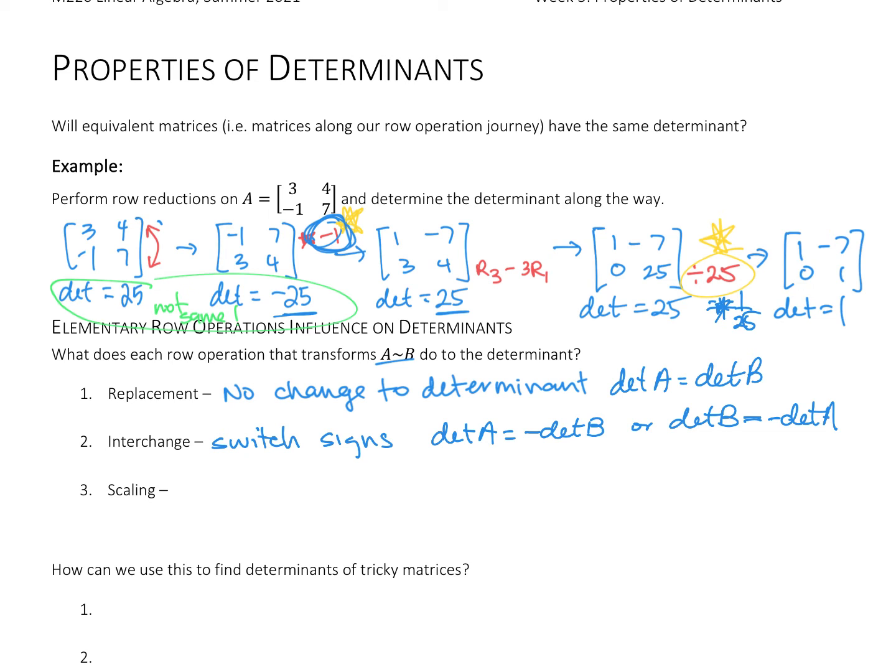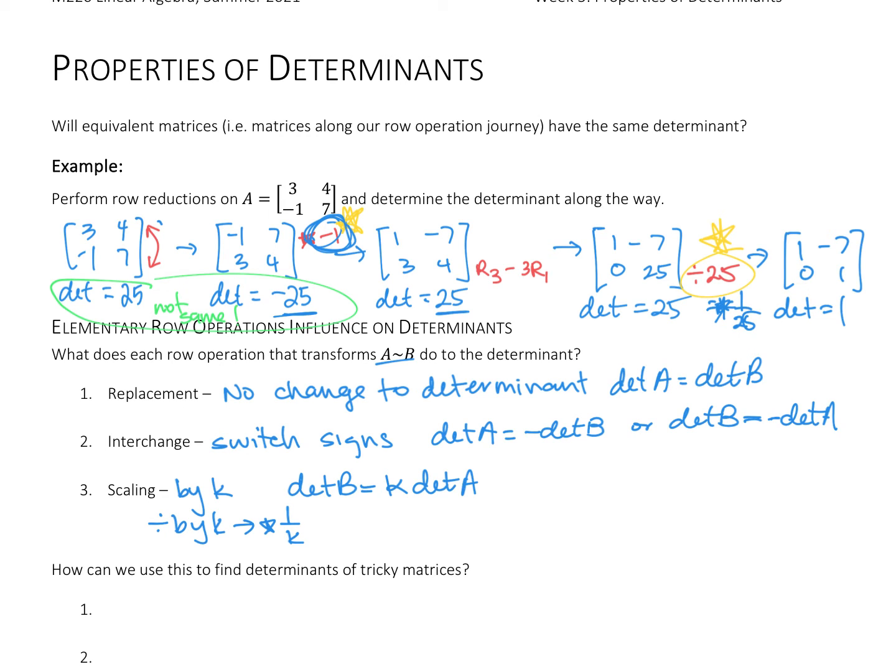So if I scale by k, my determinant is also going to scale by k. The determinant of B becomes k times the determinant of A. Now, this k could be a whole number, a fraction, whatever. If I divide by k, that's equivalent to multiplying by 1 over k.